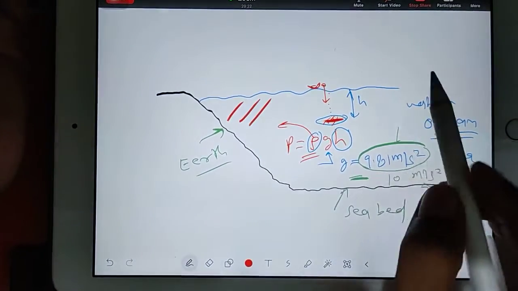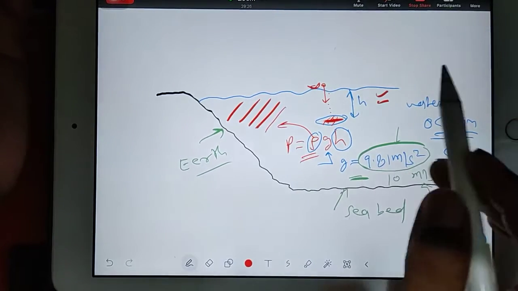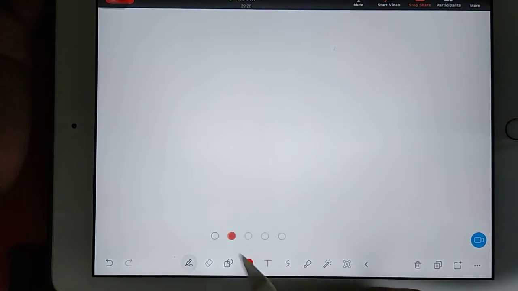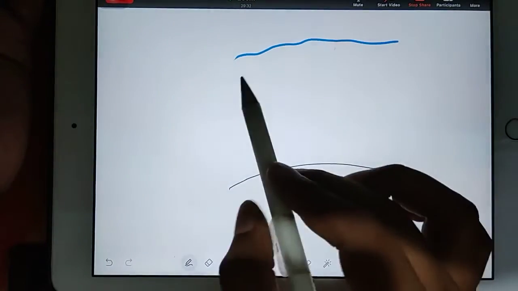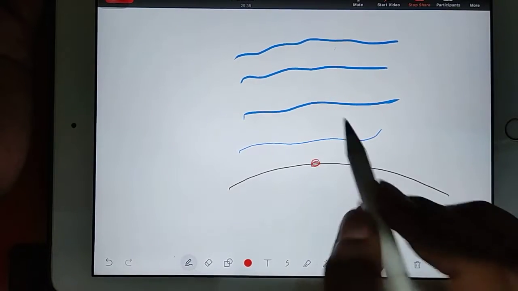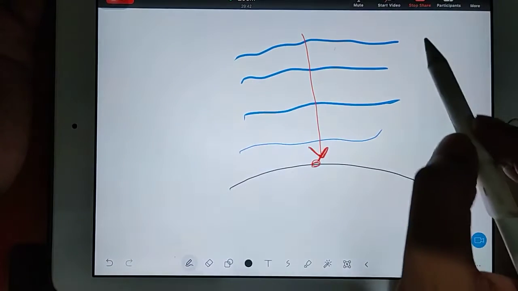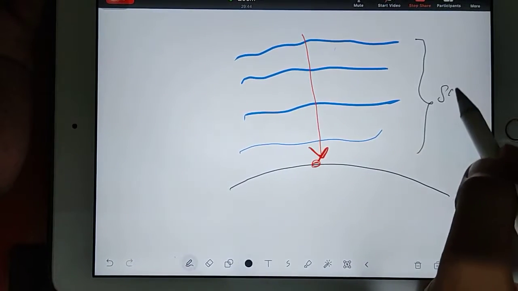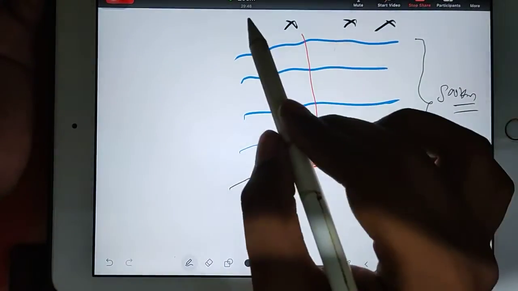Currently I have considered water in my example, but imagine what if the same situation is with air. I will change the page. Suppose here you have earth, and till here air is present. If you are standing here, it means you are at this much depth. Suppose this is 500 kilometer. After that you don't have a significant amount of air.